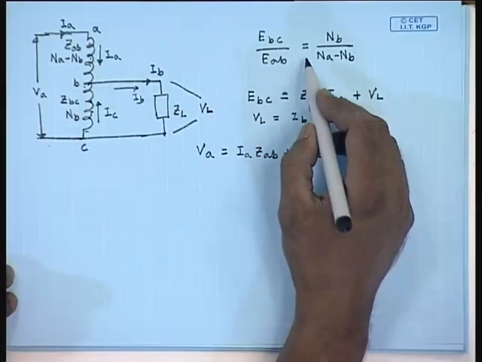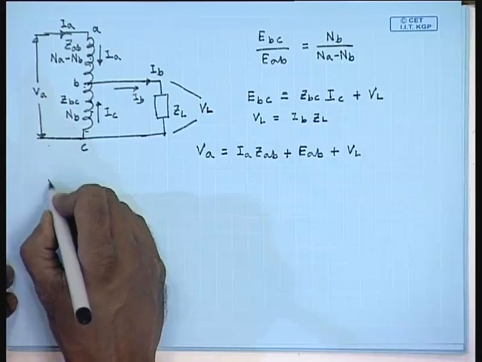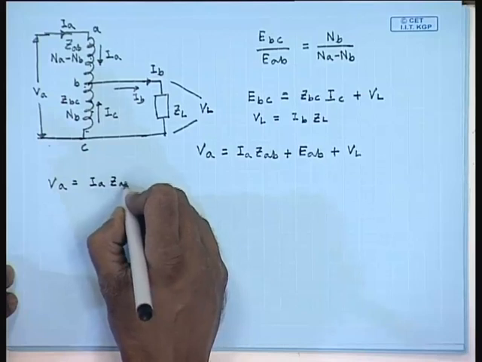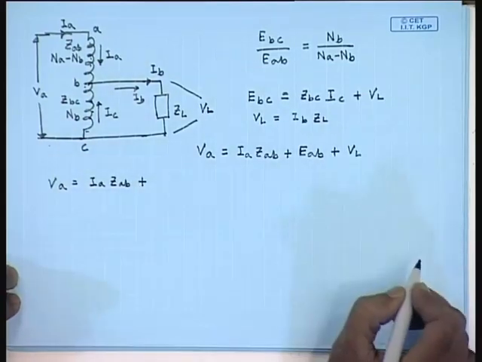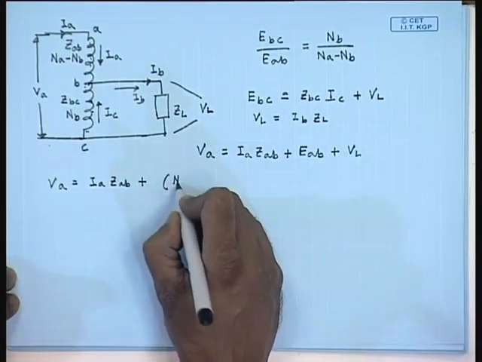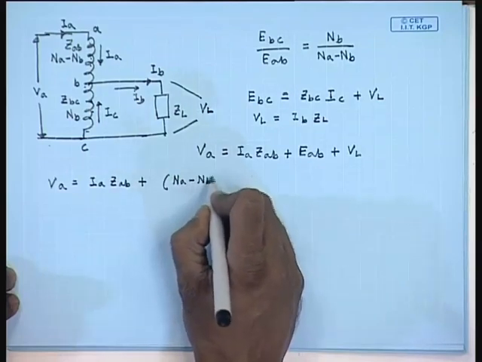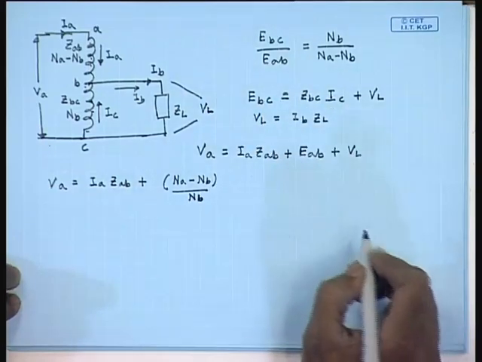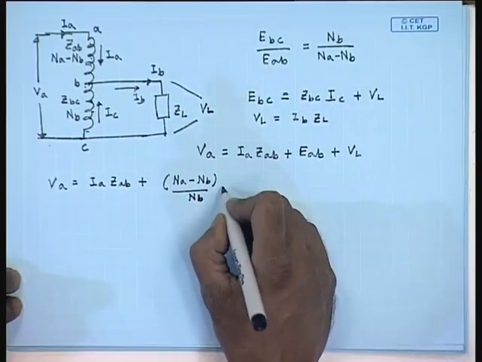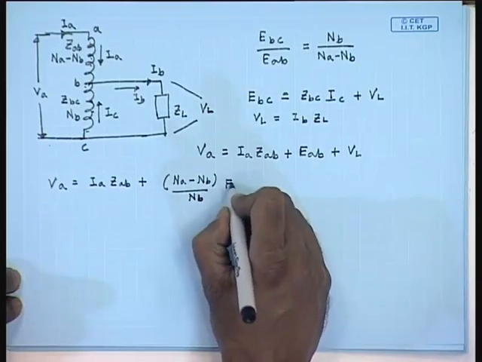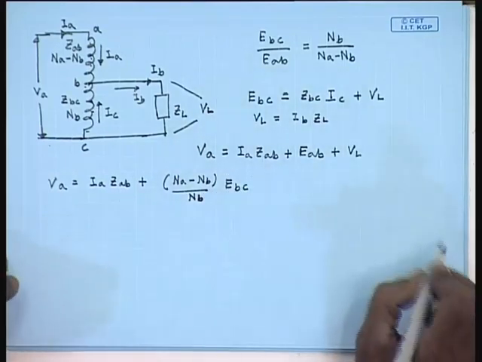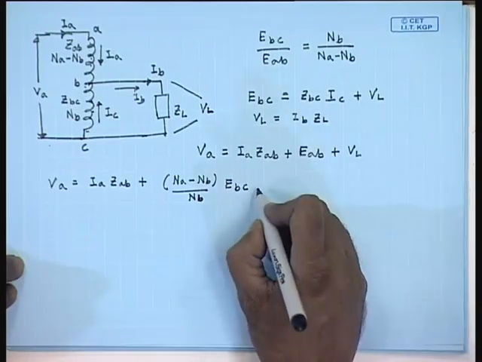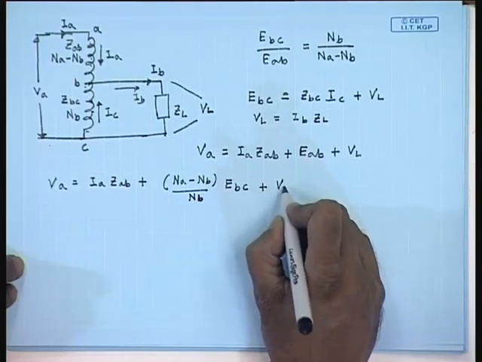Now, substituting from the above equations, we can write V_A equal to I_A Z_AB plus (N_A minus N_B) by N_B into E_BC, that is what E_AB is, plus V_L.